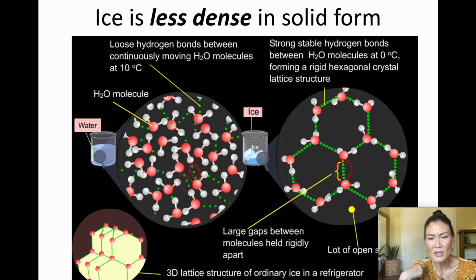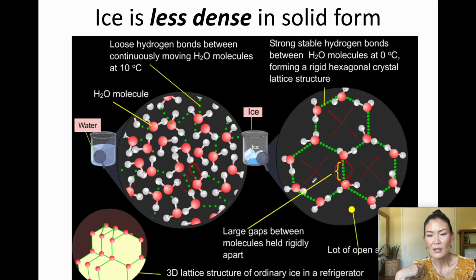But anyways, it forms this crystallized pattern. And notice the gaps. Do you see the space in between the water molecules? So ice is less dense. There's a lot of space in between the water molecules.